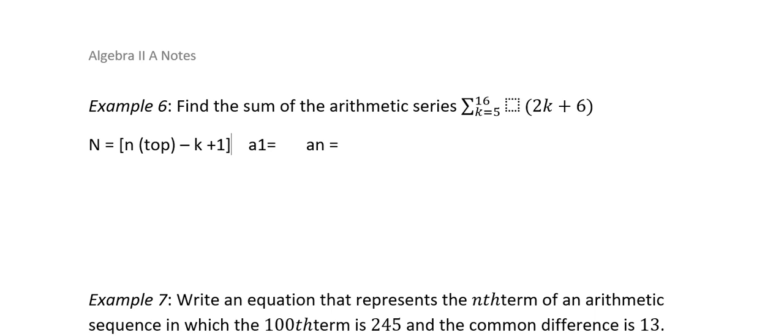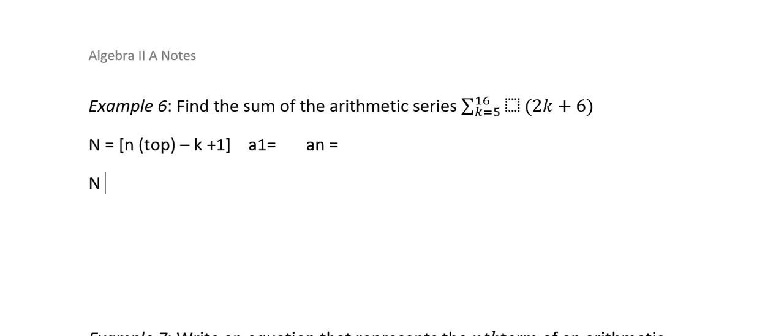So in this case, we're going to say that n equals 16 minus 5 plus 1, or 16 minus 5 is 11, plus 1, we're going to use 12 for n. Let's just say that n equals 12.